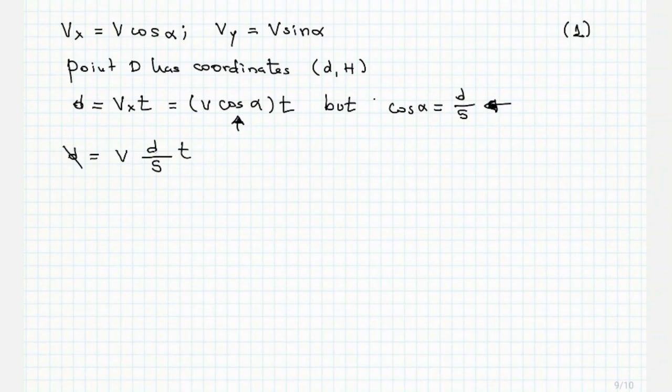This d cancels out with this d, and I will have that 1 is equal to V t dividing S. Then I will write this last equation clearing the time t, and I will write t is equal to s dividing v, where s is equal to AB.